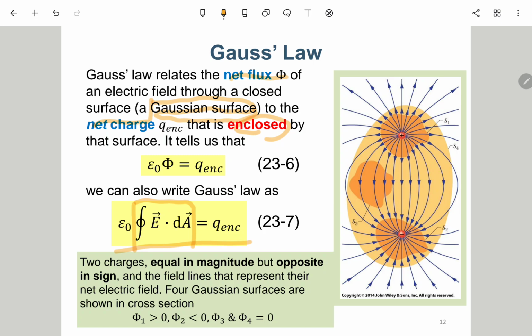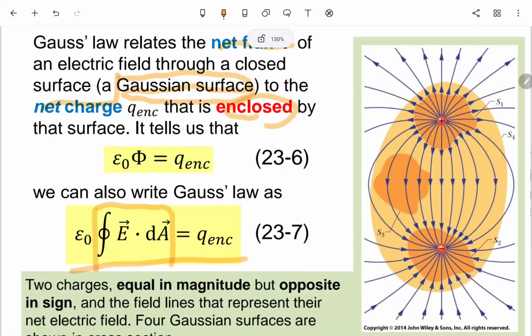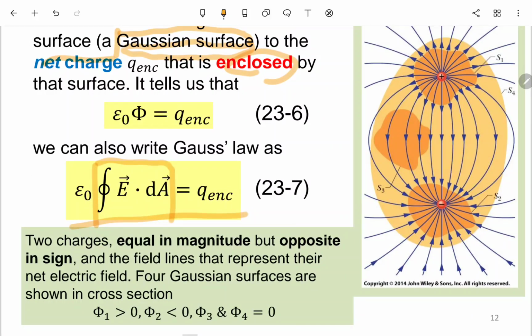Okay, so yeah, here let's take a look at the figure, and then we can have some introduction. So here we try to define 4 different Gaussian surfaces. We have S1, S2, S3, and S4.